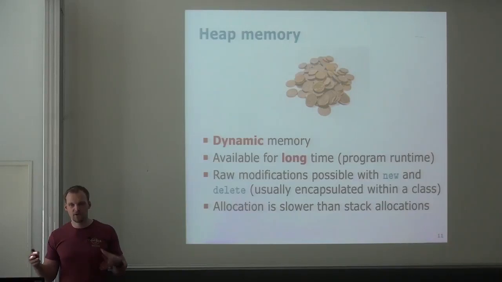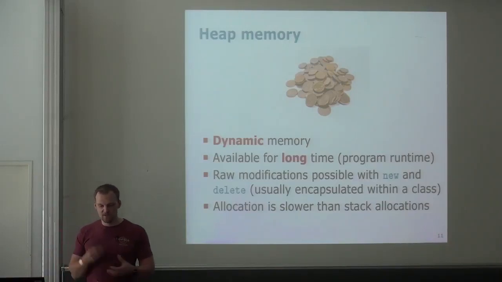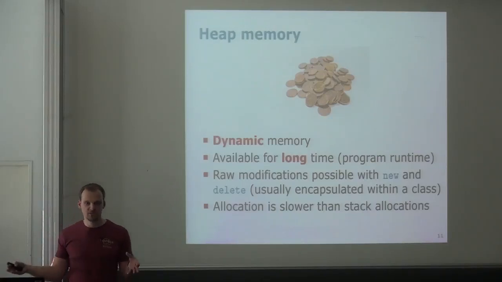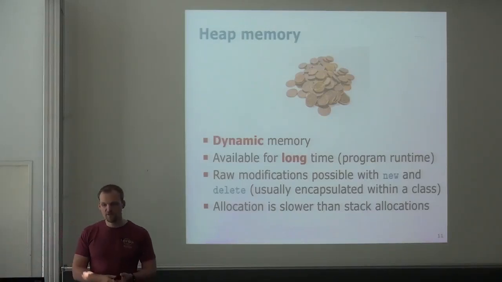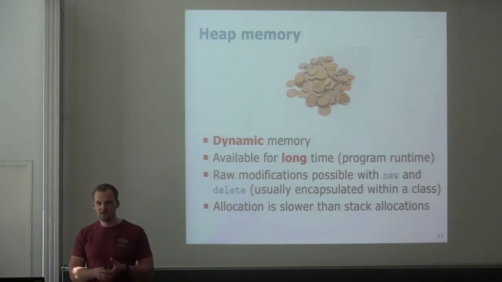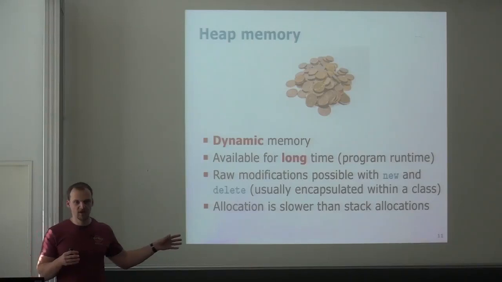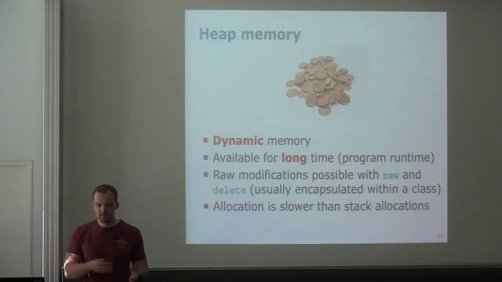The heap is a bit more complex because it is dynamic memory. You can change things in this memory. You can change the size of arrays and so on, and you have a lot of this memory. If you have a stack of 8 megabytes, your dynamic heap memory can be as big as your RAM, basically. So it can be 4 gigabytes, 8 gigabytes, 16, 32, whatever.